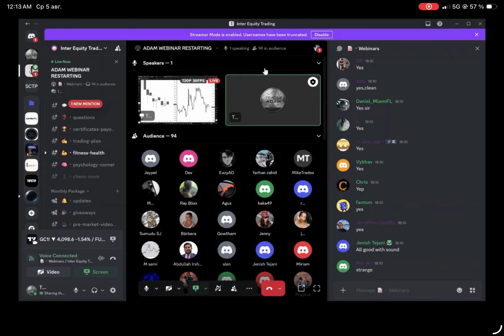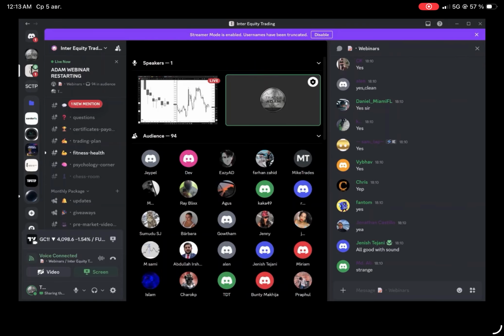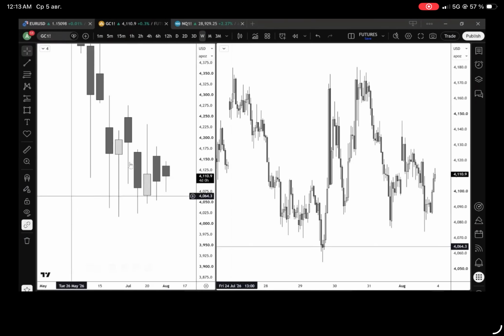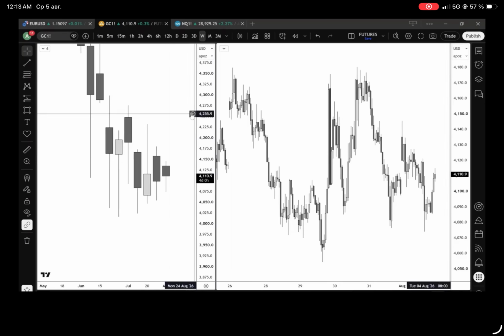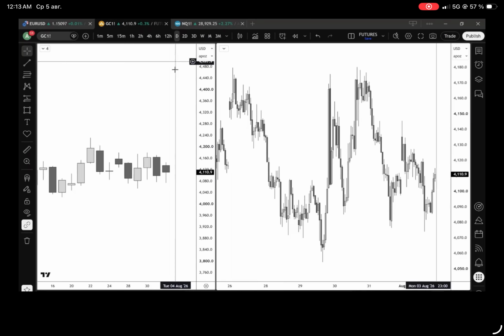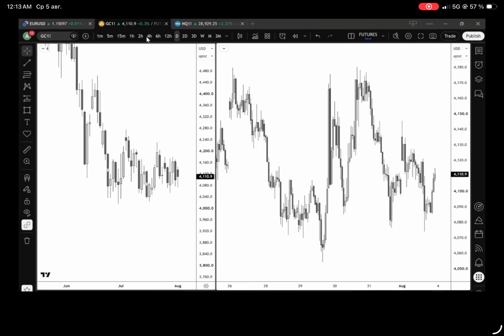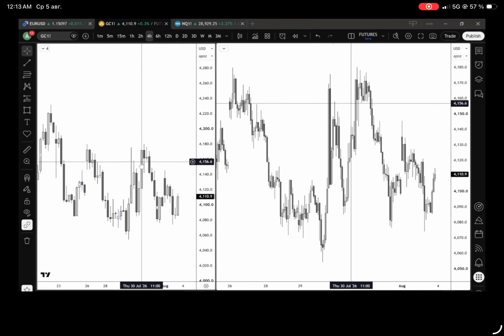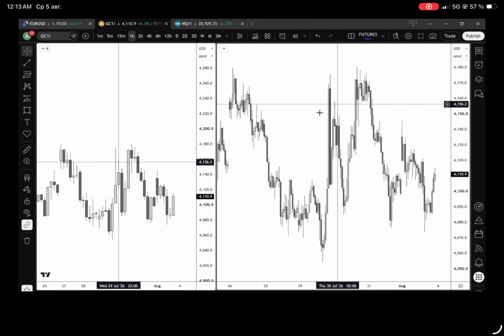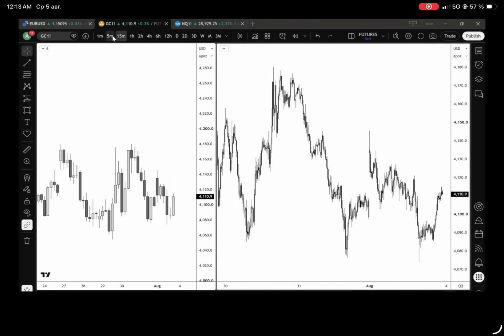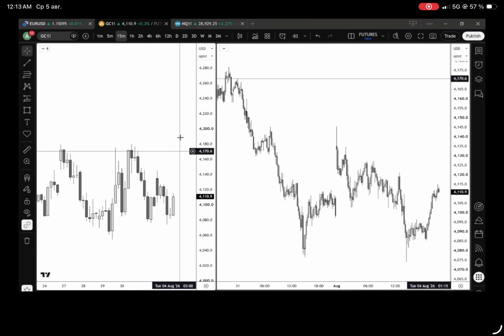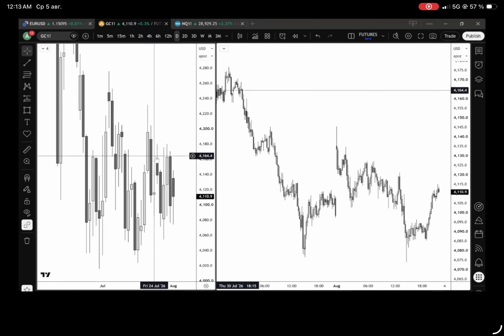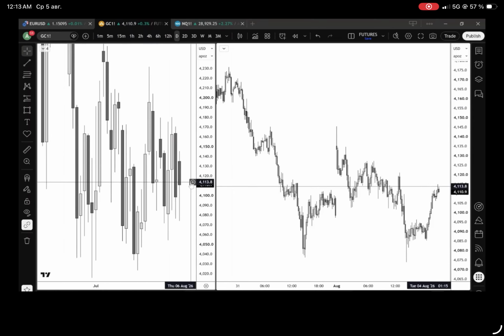So let's start with gold. On the left hand side of TradingView, I've got the higher time frames, so the weekly, the daily, and the 4 hour. And on the right hand side, more intraday time frames like the 1 hour, 15 minute, 5 minute, etc. Let's break down on the higher time frame what gold has done.